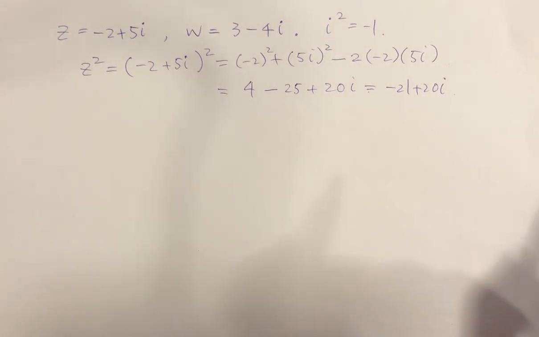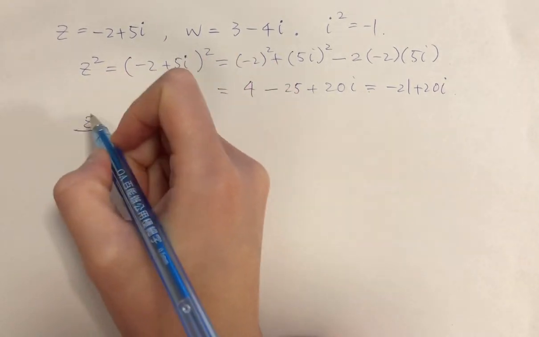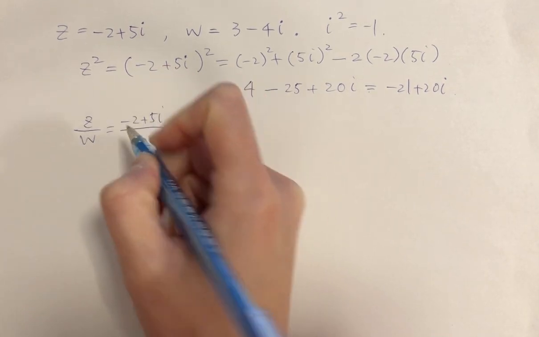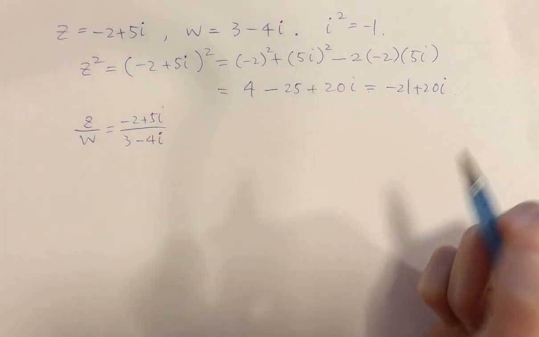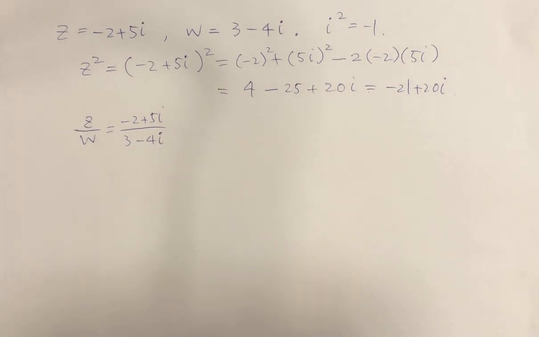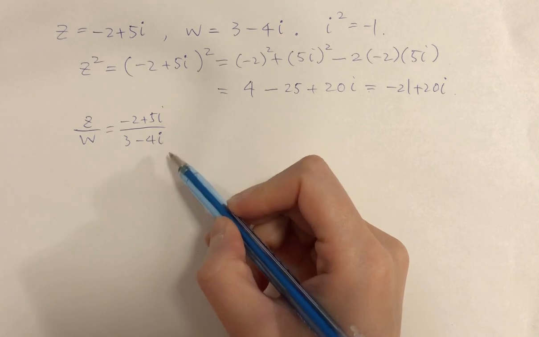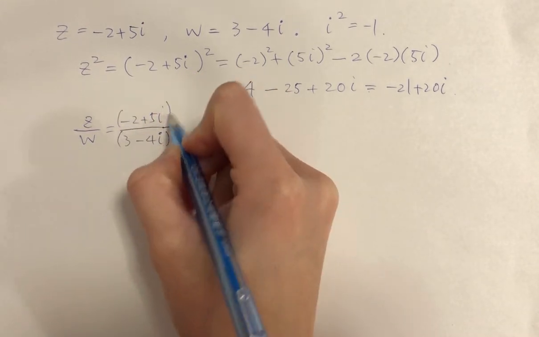Another thing we can do is divide. For example, if we want to divide z by w, -2 plus 5i over 3 minus 4i. The key thing to do for division is to multiply both the top and bottom by the conjugate of the bottom.